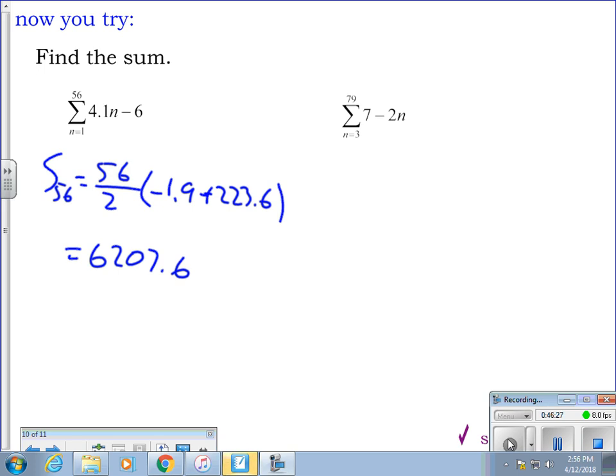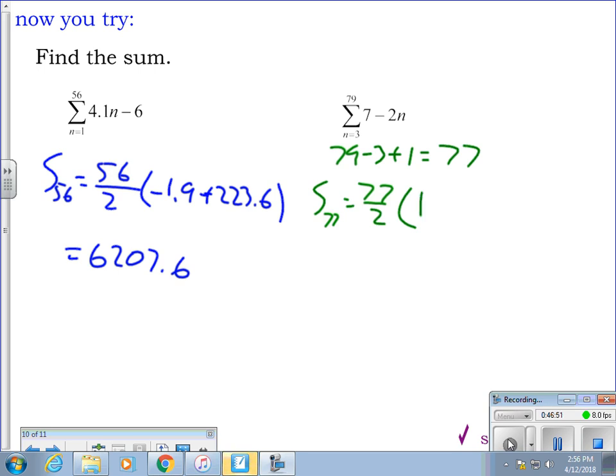Second one, 79 minus 3 plus 1 is 77. So I have 77 terms that I'm adding together on this one. So the sum is 77 over 2 times, put in 3. I get 1 for the first number. That's easy.